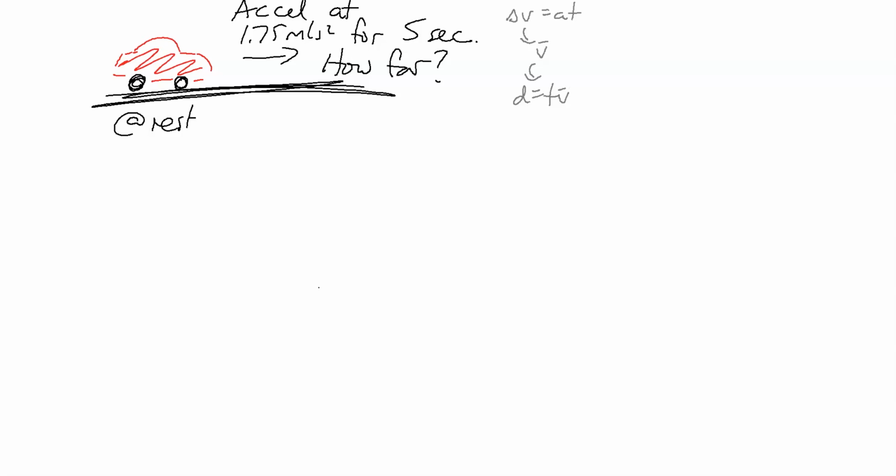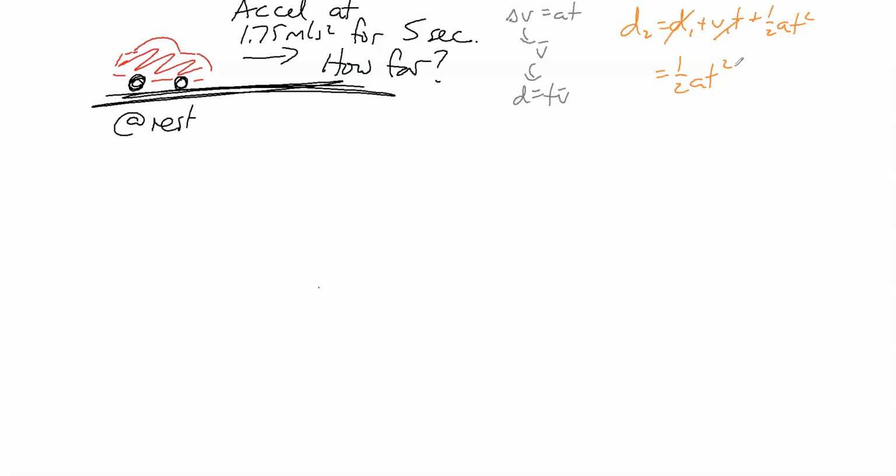If I jump to that equation instead, you'll often see it written as D2 equals D1 plus V1t plus 1/2 AT squared. I really don't need the entire thing. D1 is equal to 0, so that's gone. V1 is equal to 0, so that term is gone. All I've got is 1/2 AT squared, which is a great part of this expression for lots of different things.